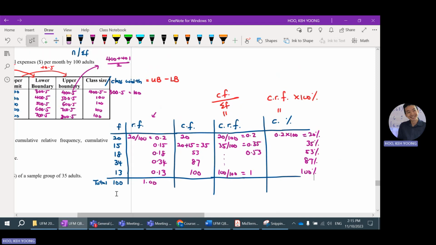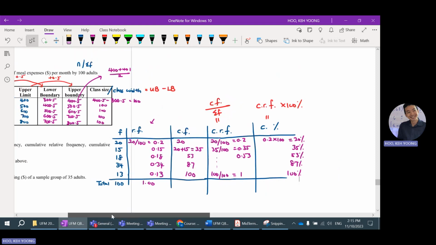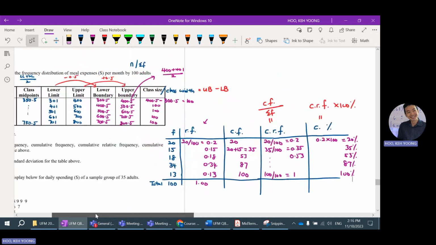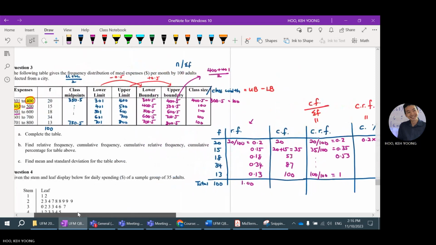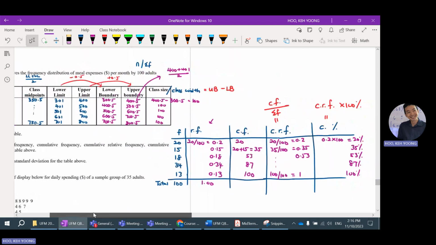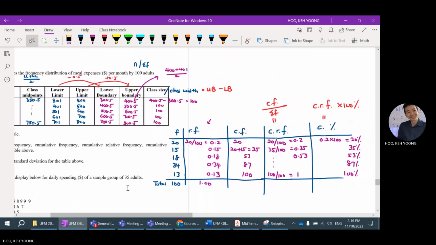All right, question C. Find the mean and standard deviation for the table above. Sometimes students may ask, should I use population or sample? If you see the word "all", then you use the population formula.